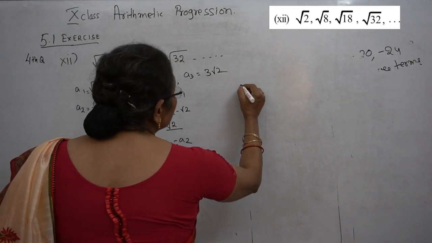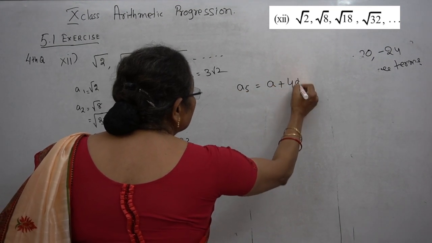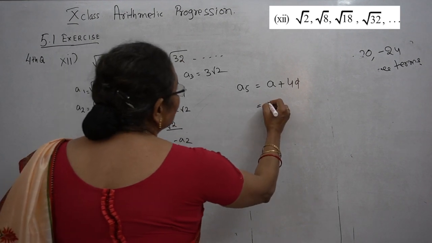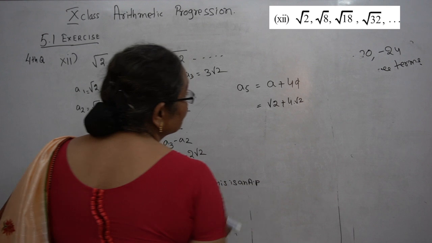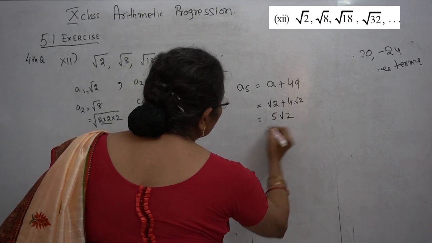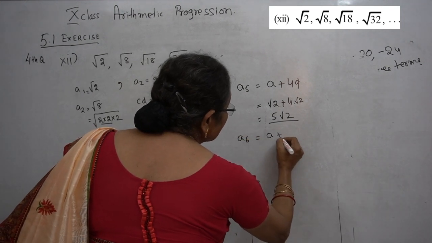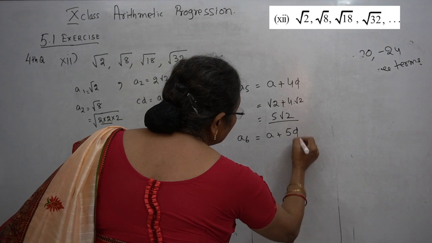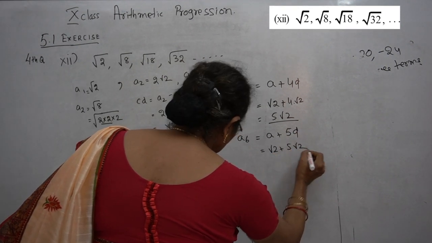Okay. Now let's go for the 5th, 6th and 7th terms. So 5th term will be a plus 4d. a is root 2 plus 4 into root 2. That means 4 plus 1 is 5 root 2. Okay. Then a6, a plus 5d. a is root 2 plus 5 times d. d is what? Root 2, isn't it?